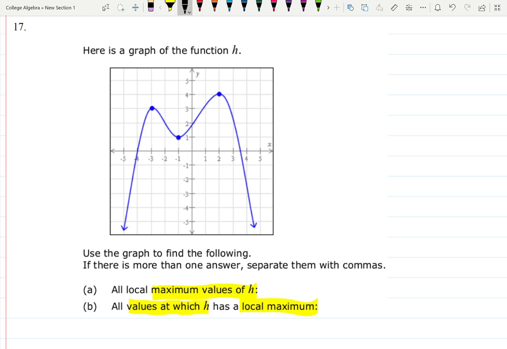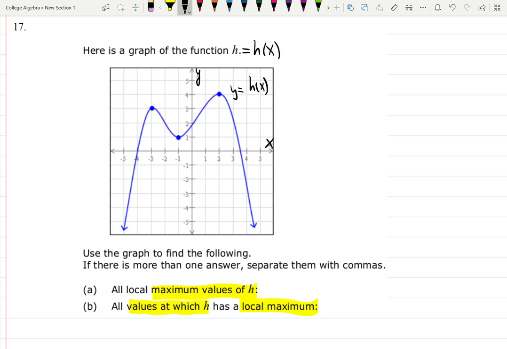The local maximum values of h, if this is the function h of x, because I can see there's x and y over here, so that's what we call h. This is y equals h of x.